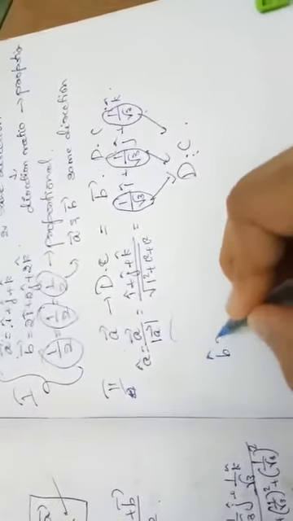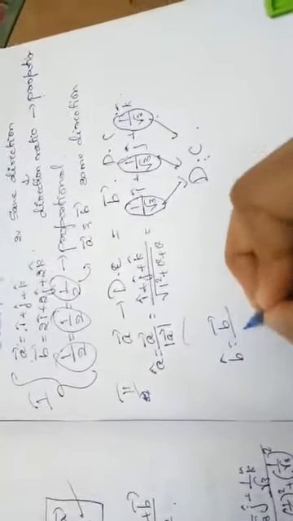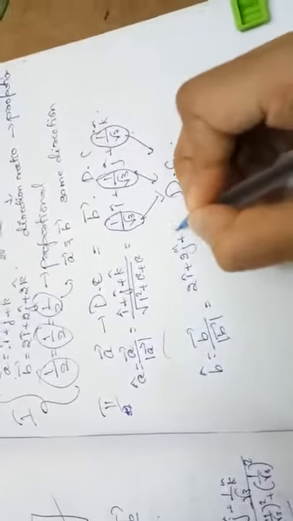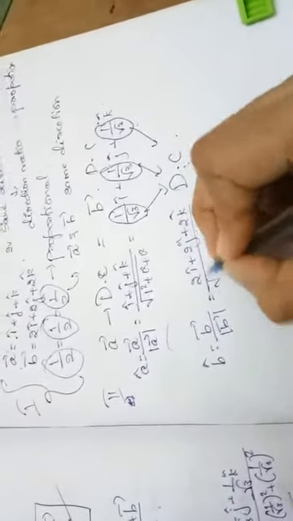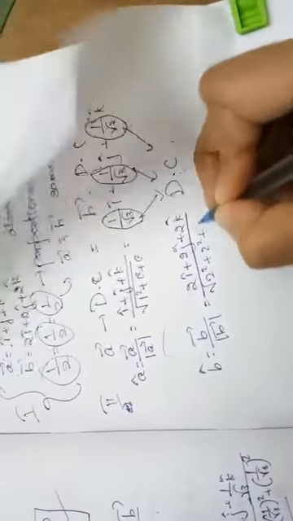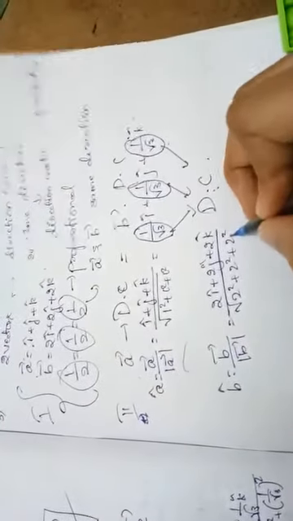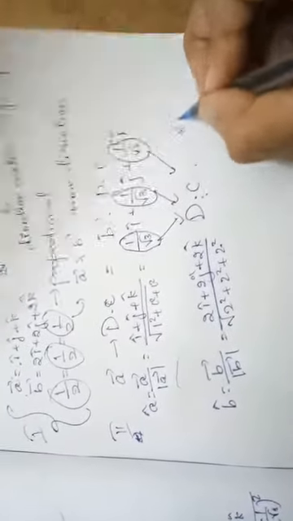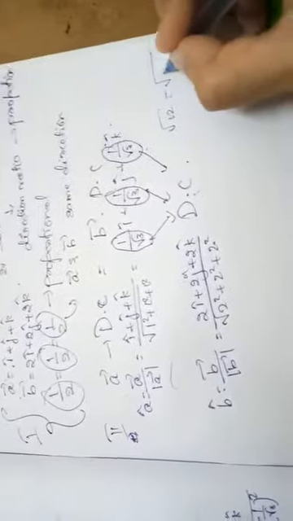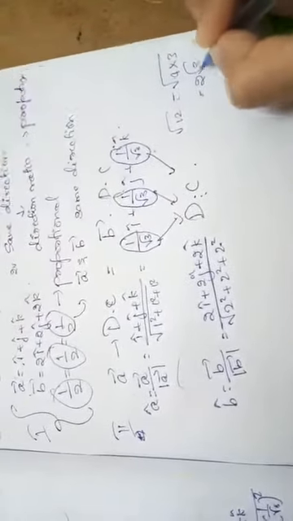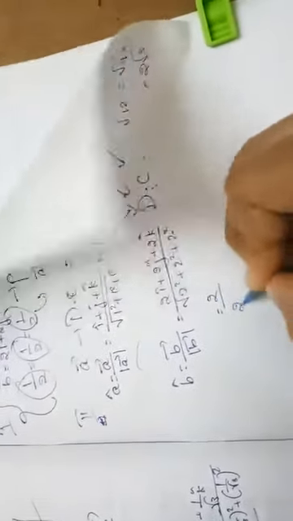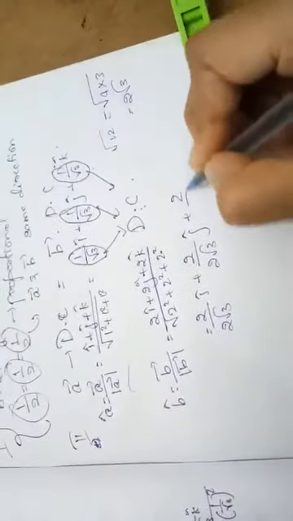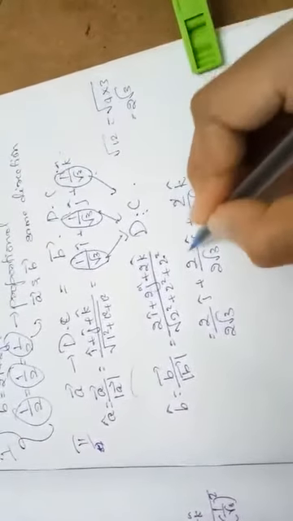So what about the unit vector of vector B? It is vector B divided by the magnitude of vector B, that is 2i cap plus 2j cap plus 2k cap. What is the magnitude? It is the square root of 2 square plus 2 square plus 2 square. So 4 plus 4 plus 4 is 12, so it is square root of 12. I can write square root of 12 as 4 into 3, which is 2 root 3. So we get 2 by 2 root 3 i cap plus 2 by 2 root 3 j cap plus 2 by 2 root 3 k cap, where the 2s cancel.